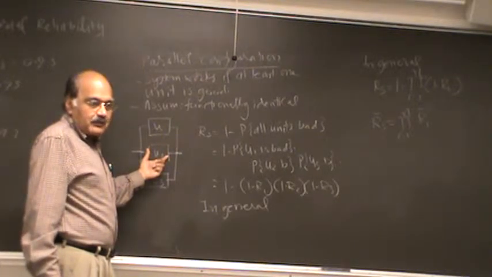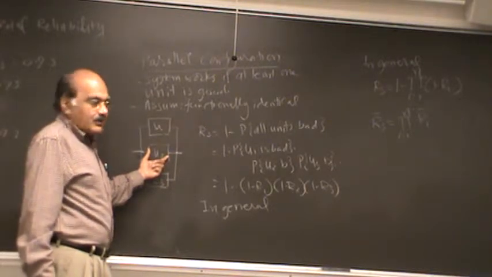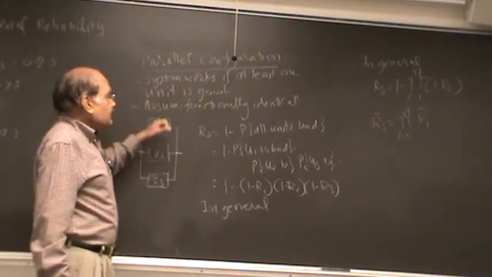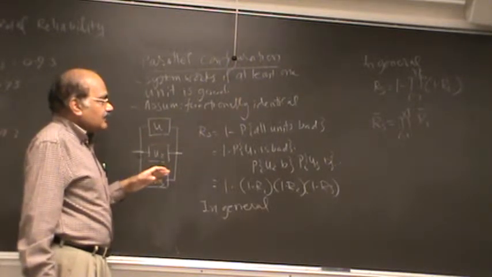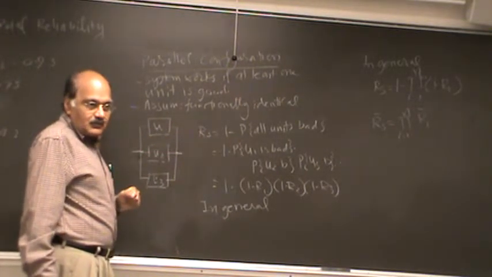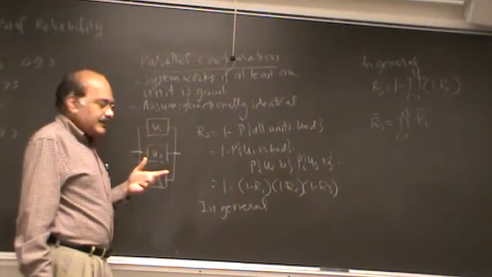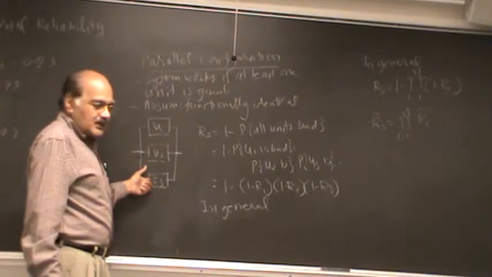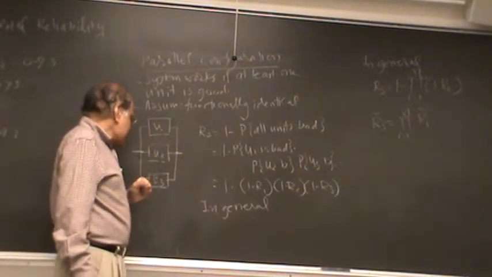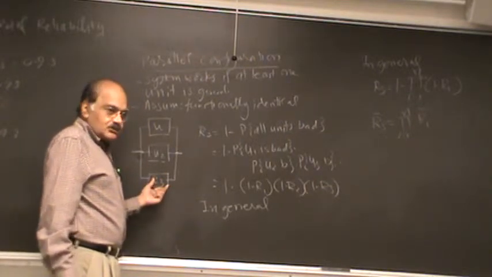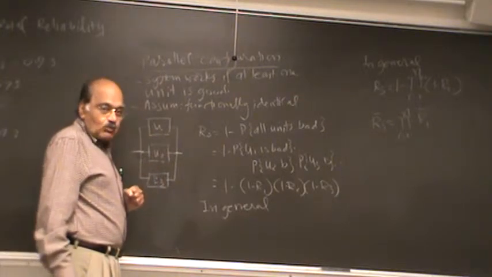So it makes somewhat idealistic assumptions. This parallel configuration is sort of an ideal situation, but it tells you this is the best you can do. In actual practice, if you have other limitations, like if you are not able to identify with total reliability that a certain unit is good, then the overall reliability would be somewhat less.